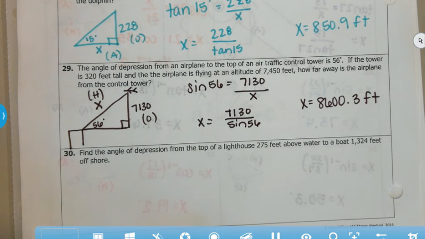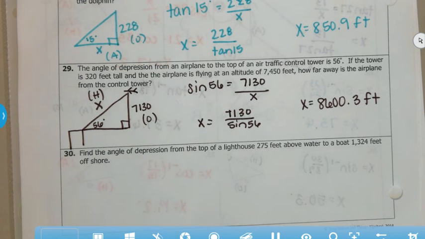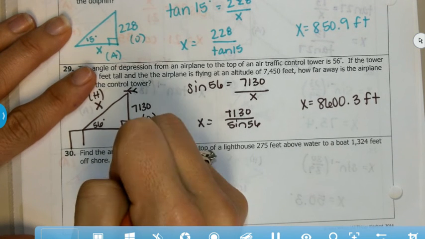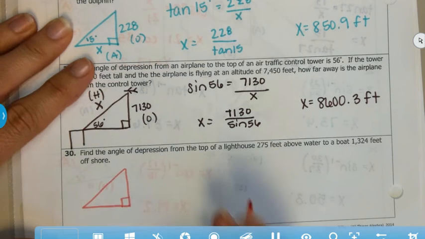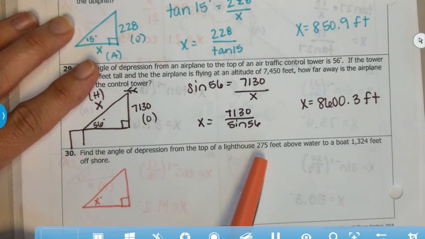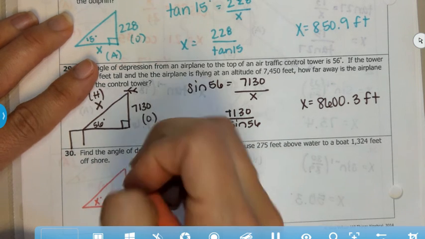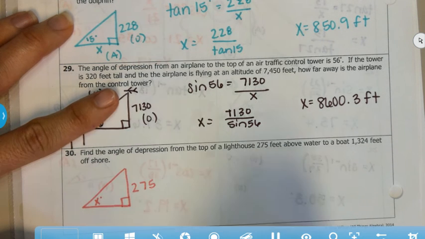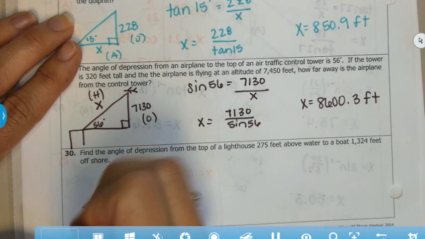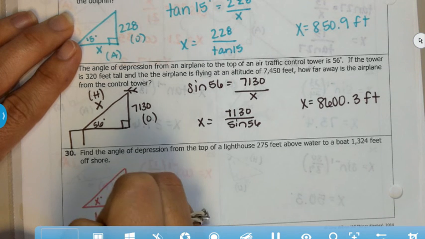All right, last but not least, you have to do 30 all on your own. Draw your picture and solve for the angle of depression. So we're solving for the angle here. Same triangle as always. Find the angle, so our angle is x. From the top of a lighthouse, 275 feet above the water, to a boat 1,324 feet offshore.